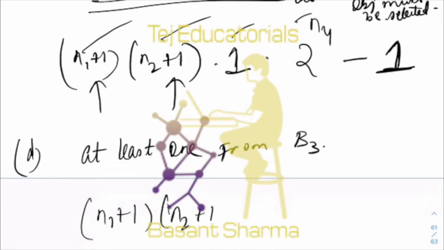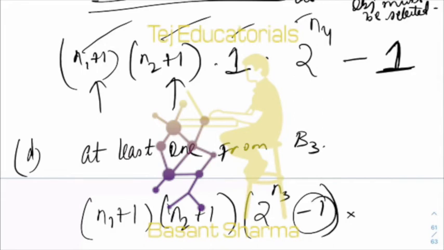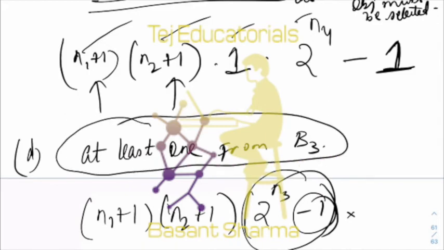Again B2, n2 plus 1. And then B3, at least 1 is selected, so 2 to the power n3 minus 1. We subtract the case when nothing is selected from B3 here itself, because the question says that at least one from B3 must be selected.